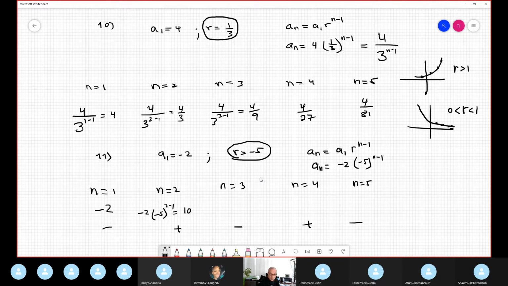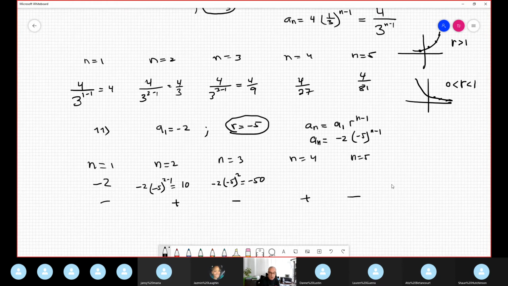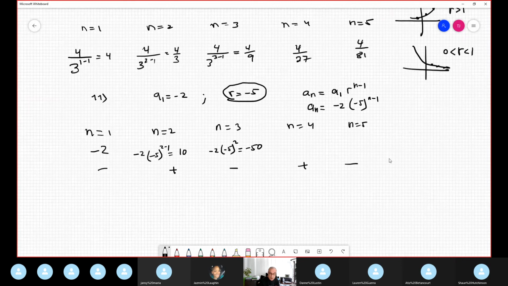For n equal 3, it's negative 2 times negative 5 raised to the 3 minus 1, so 2, squared, 25, is negative 50. And n equal 4 should be positive: negative 2 times negative 5 cubed. The n is 4, the exponent is less by 1, so 3.